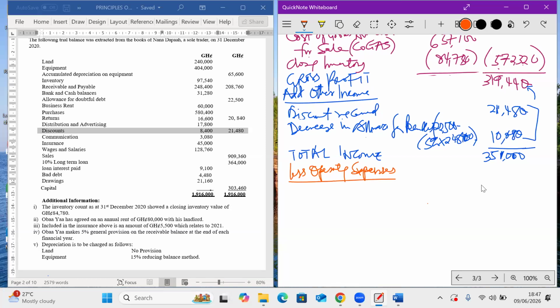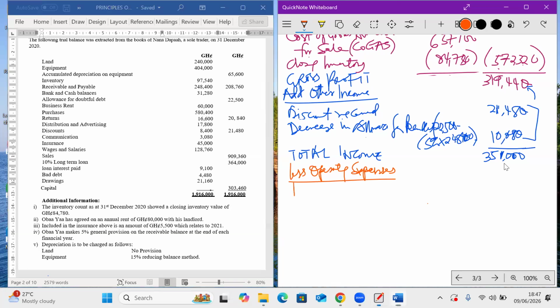When we are going to bring the operating expenses, we will start from the top of the trial balance. Land and equipment. When we wrote the footnotes, which footnote was linked to land and equipment? Depreciation, right?